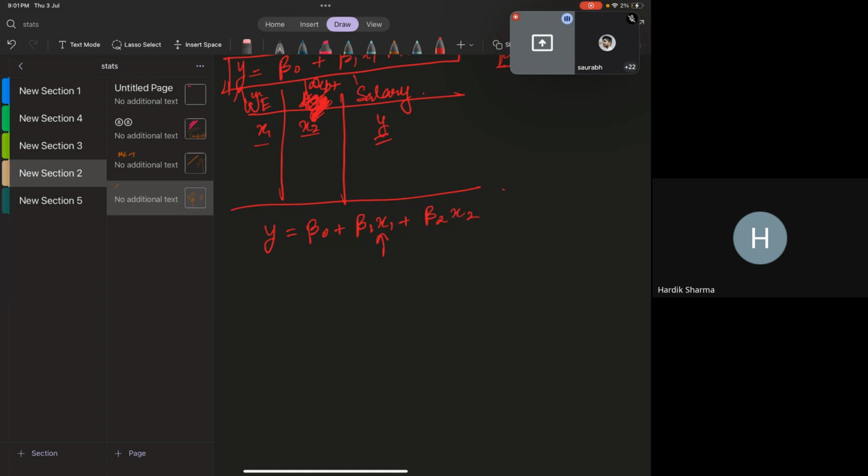You're working in a banking firm. Say x1 is the salary that person earns per month and x2 is the gender of that person. And y is the amount of money that you can give to that person as a loan. Clear? Yes.